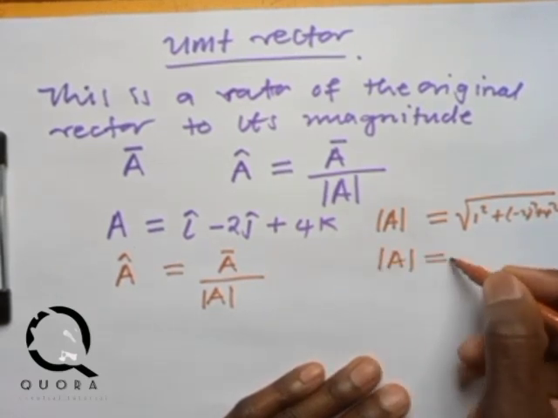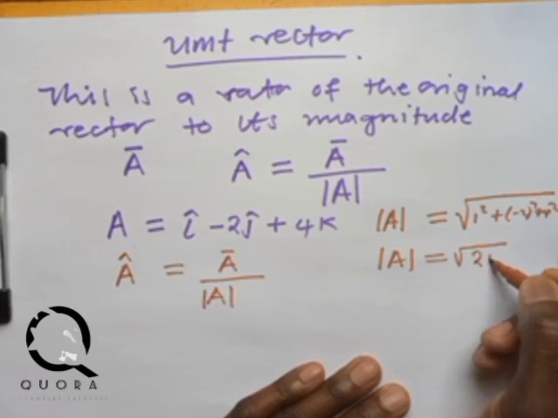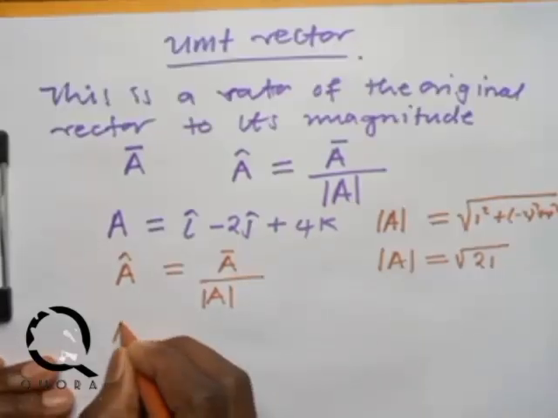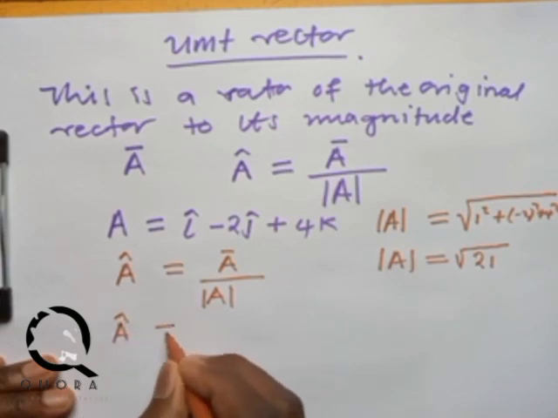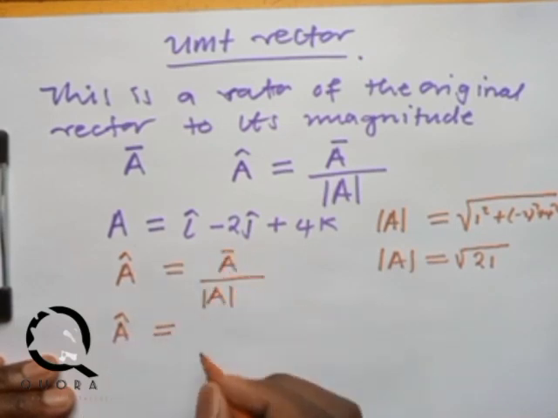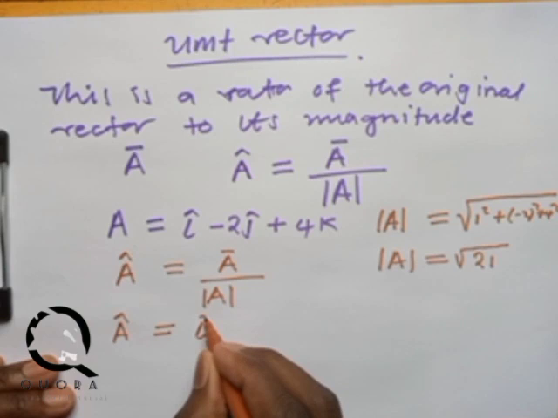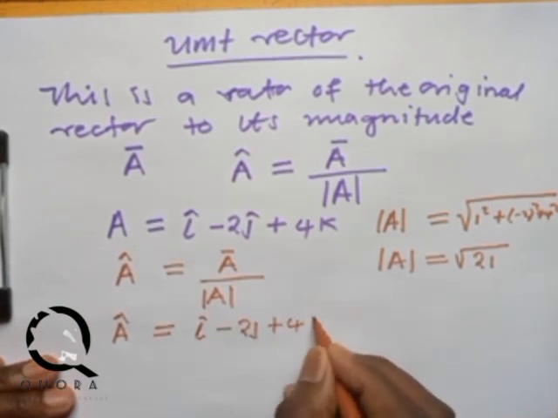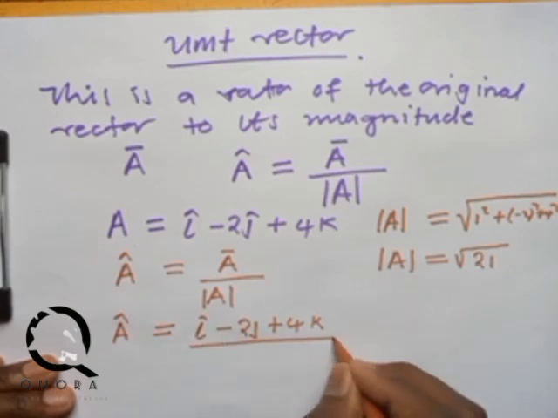And if we do calculations, we are going to find that it will give us root of 21. Meaning that the unit vector of A has to be equal to the original vector on top, I minus 2j plus 4k over root of 21.